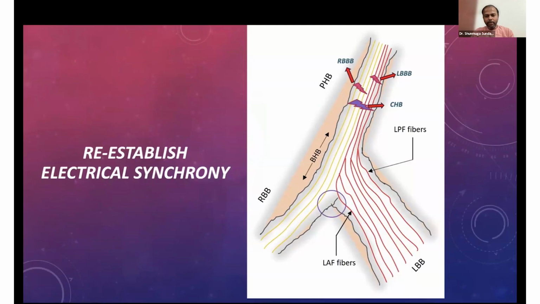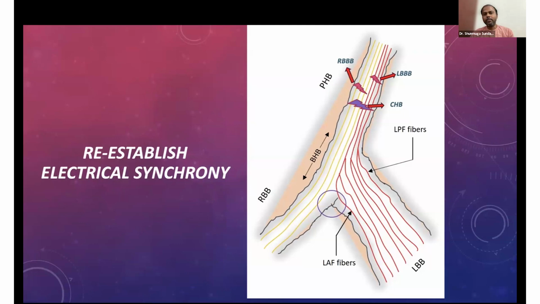The whole idea of doing conduction system pacing is to re-establish electrical synchrony. We know the fibers inside the His bundle are longitudinally dissociated. So if you have a segmental disease affecting one part of the His bundle, you can have either a right bundle branch block or a left bundle branch block. When there is a complete transection, it will ultimately end up in complete heart block.